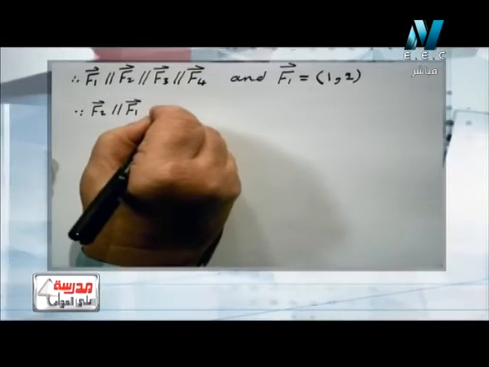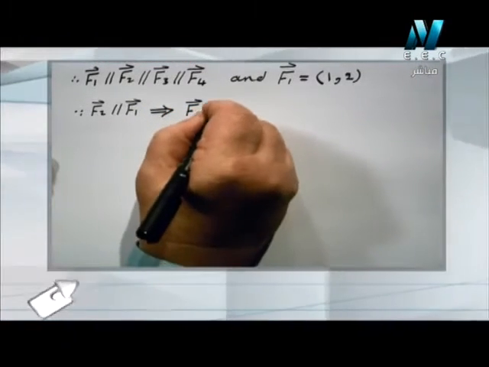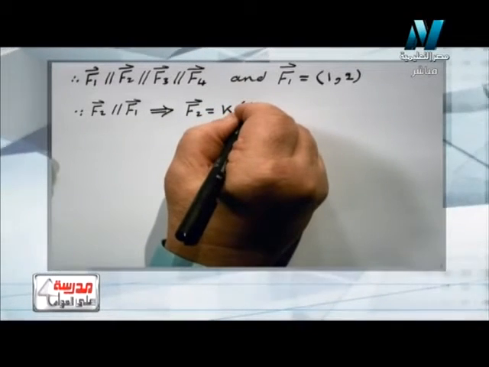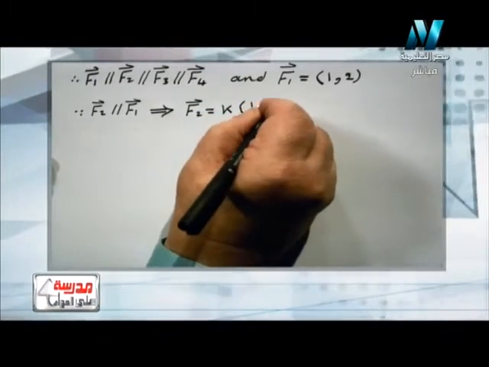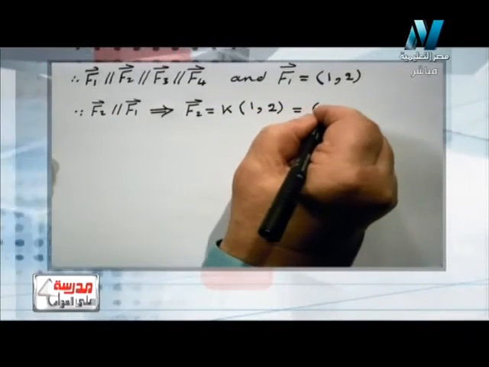It means that F2 vector equals a constant K multiplied by F1 vector, which is 1 and 2, which is K and 2K.